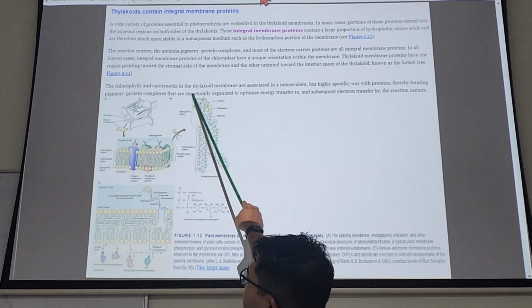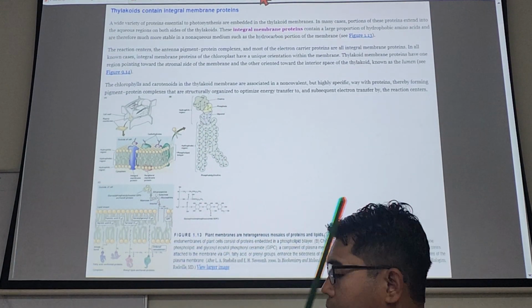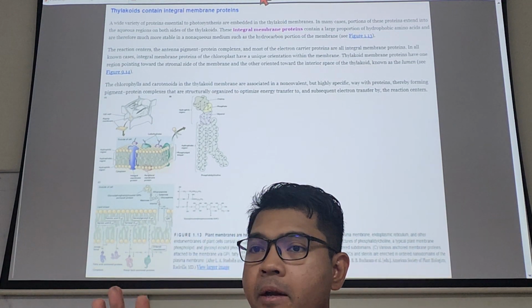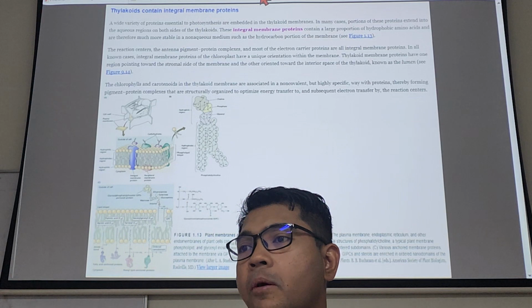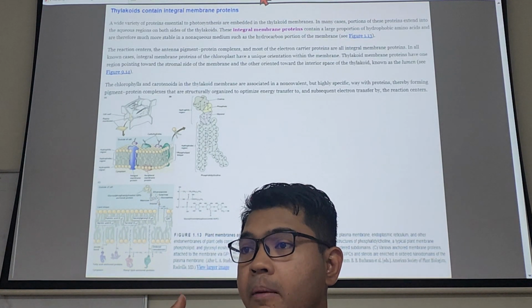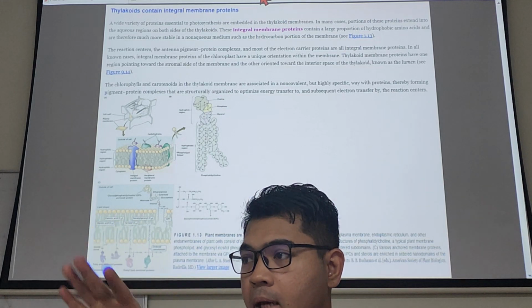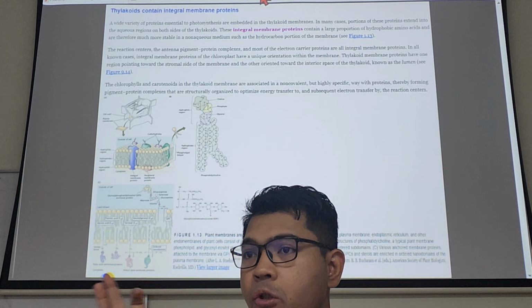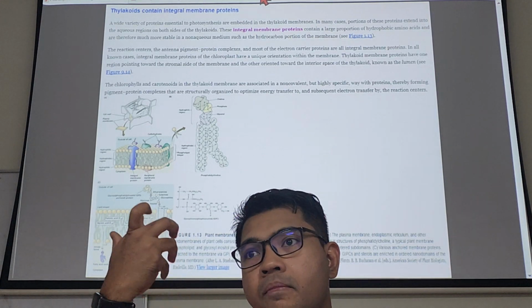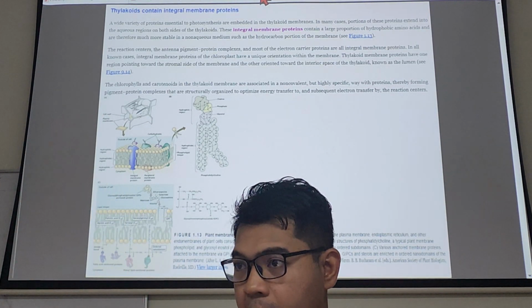This thing here is arranged in such a way. Some parts will be hydrophobic, some parts will be hydrophilic. This is important because the hydrophobic region repels water, and it ensures that things do not get solubilized easily.